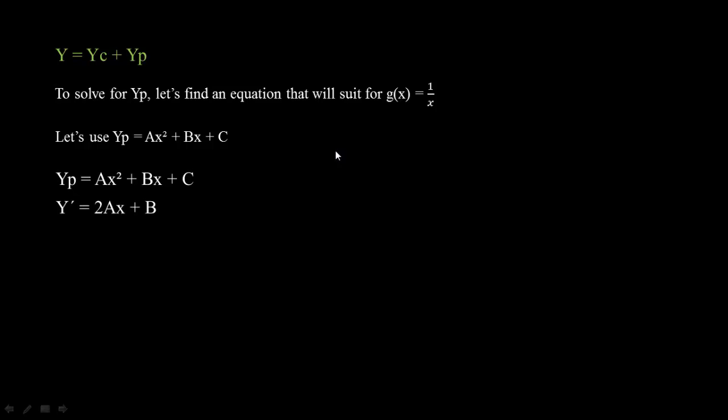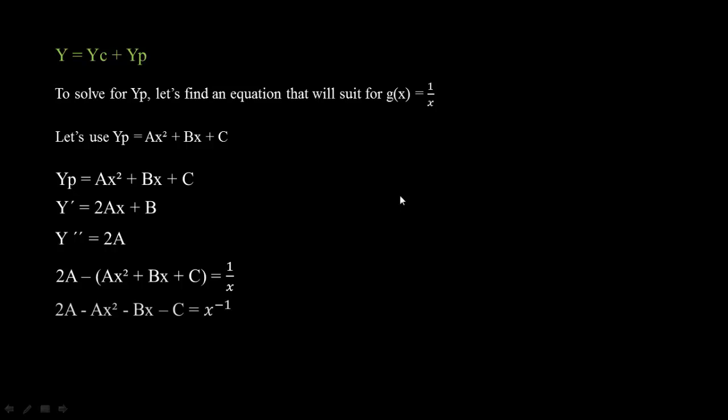We have y prime is equal to 2ax plus b, and then y double prime is equal to 2a, and we substitute this y double prime and y into the original equation.